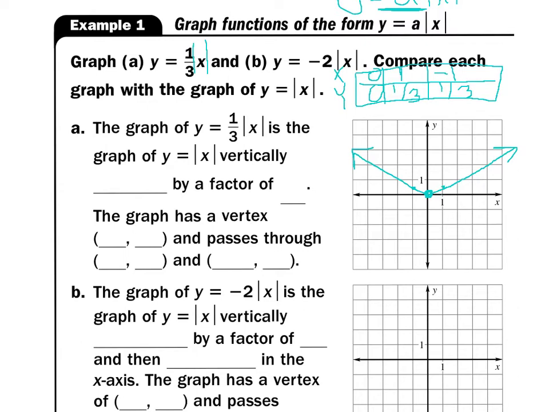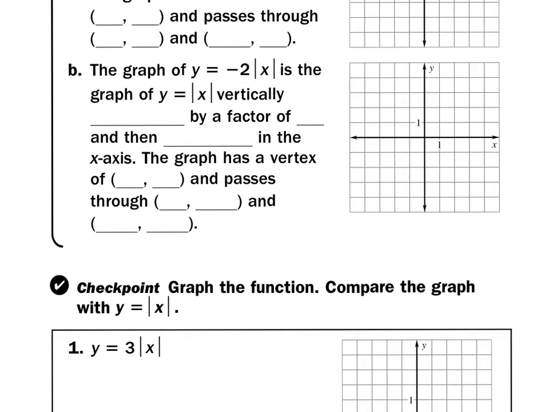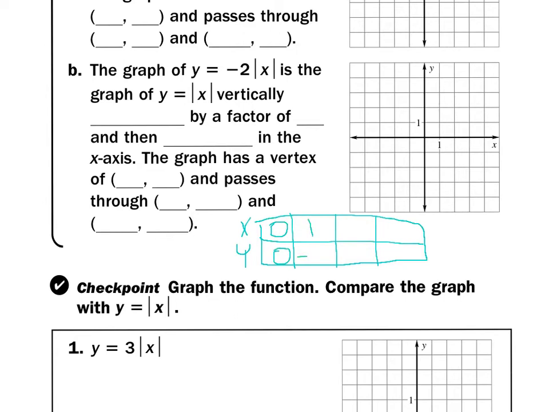Okay, on B, let's again put an XY box for this. XY. If I put 0 in for x, I'll get 0 out for y. If I put 1 in for x, I'll get negative 2. Put negative 1, I'll still have negative 2.